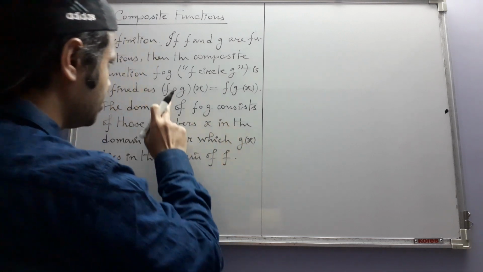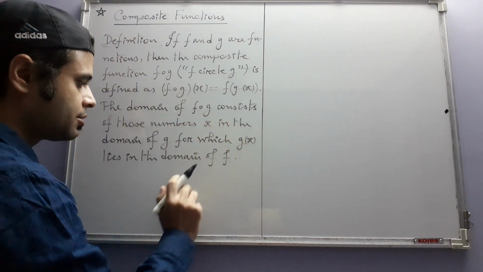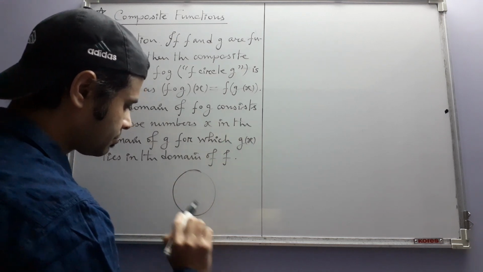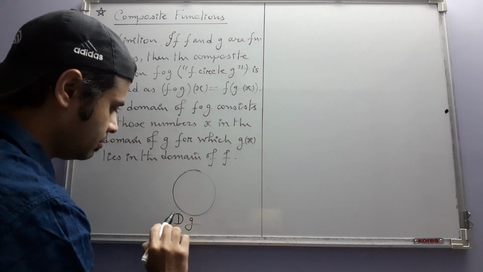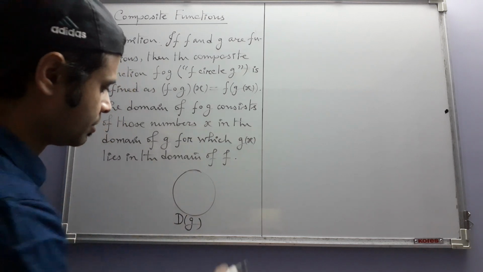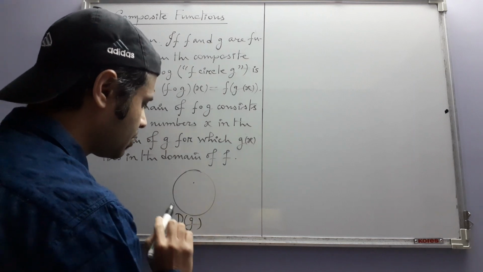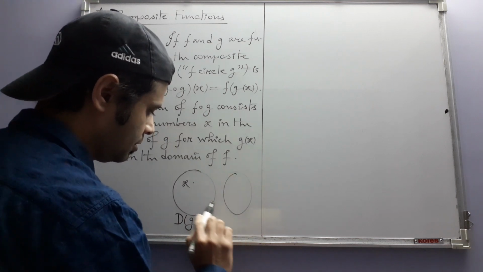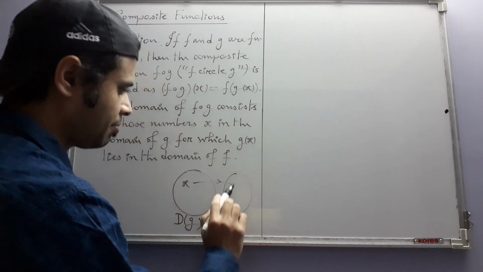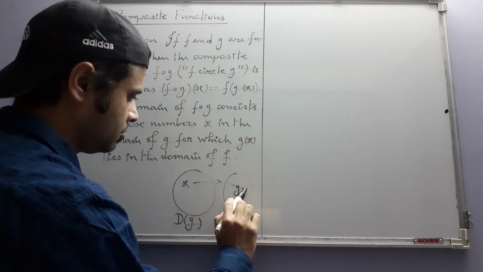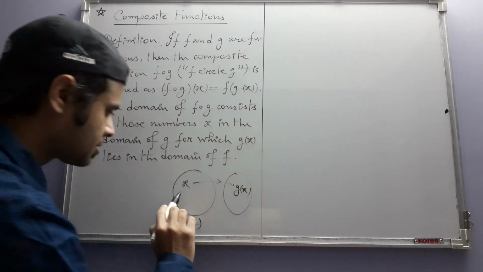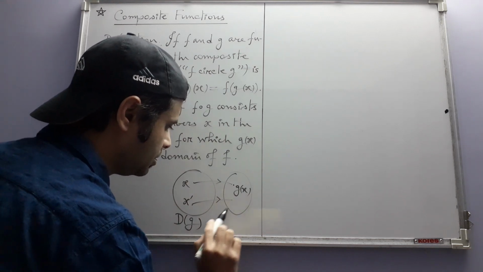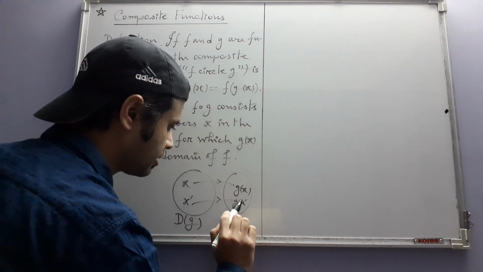So the natural domain of f circle g will consist of, say this is the domain of g, D g. Now we are choosing x from here, and x gets mapped onto g of x. Some x prime we also choose in the domain of g, which gets mapped onto g of x prime.